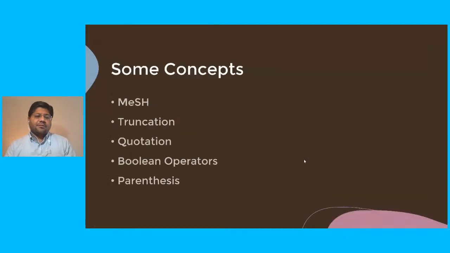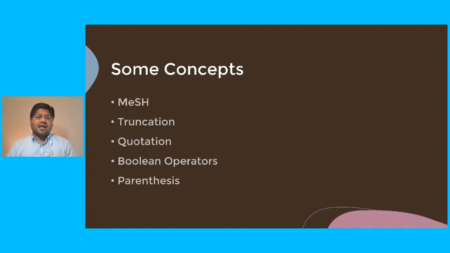We talked about MeSH terms, and we talked about truncation. MeSH terms are the terms with the help of which you will communicate with the search engine. Truncation is when you put an asterisk at the end of a particular word, then it will help you search other variants of that word.